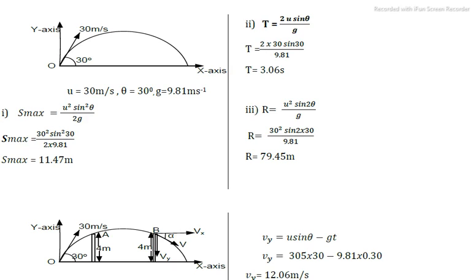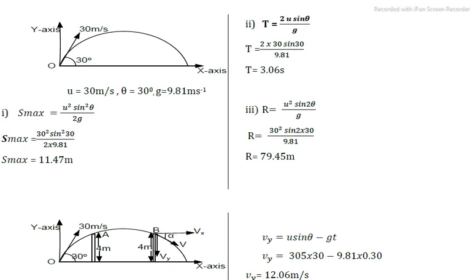So the time of flight is the same as 2 times the time taken to reach the maximum height. For instance, if you throw a stone and it takes 2 seconds to reach a certain height, it will definitely take another 2 seconds to come back.